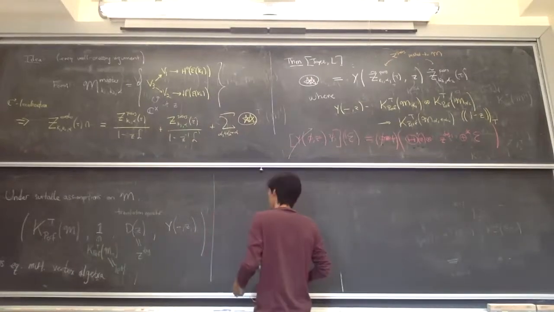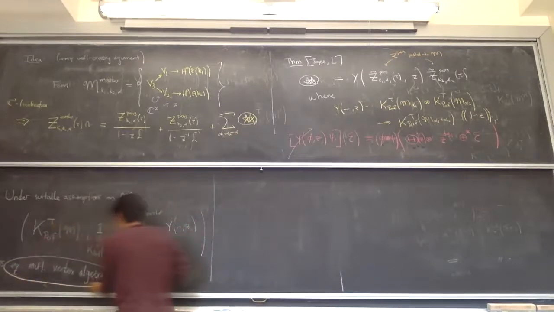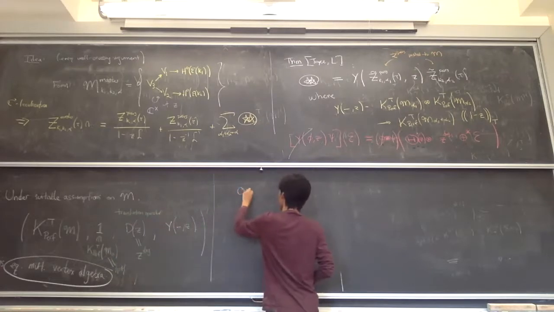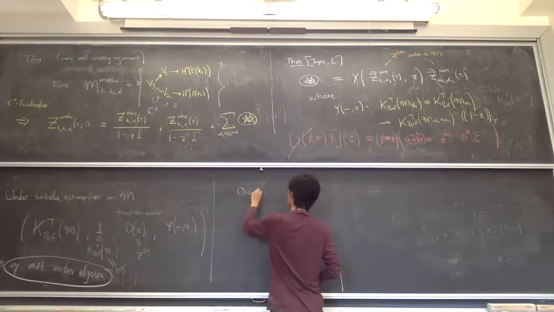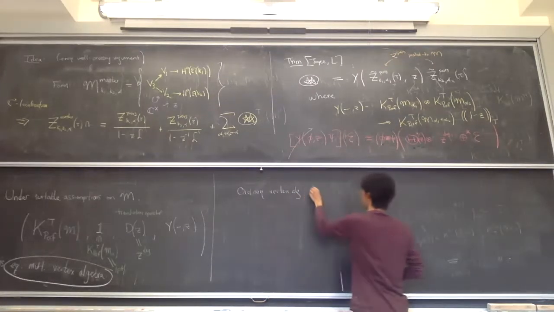Okay, so I'm going to explain this object now. And I'll explain it by analogy with ordinary vertex algebras. What's an ordinary vertex algebra?